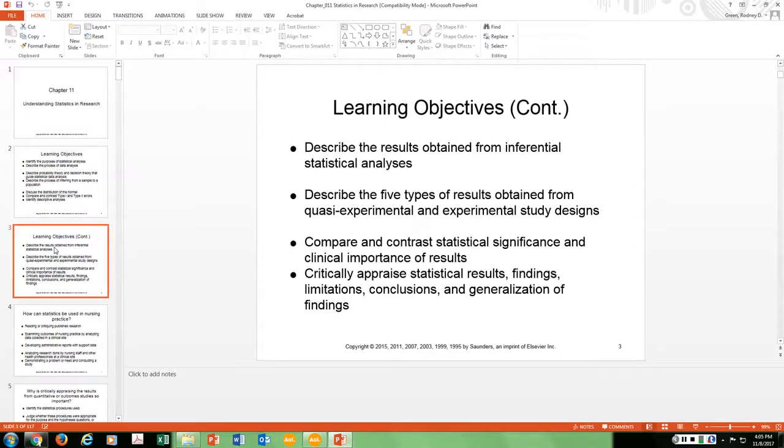Describe the results obtained from inferential statistical analyses. Describe the 5 types of results obtained from quasi-experimental and experimental study designs. Compare and contrast statistical significance and clinical importance of results, and critically appraise statistical results, findings, limitations, conclusions, and generalization of findings.